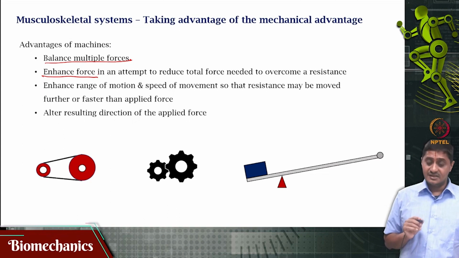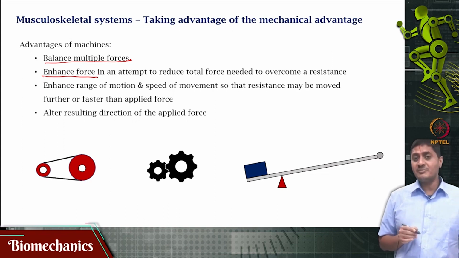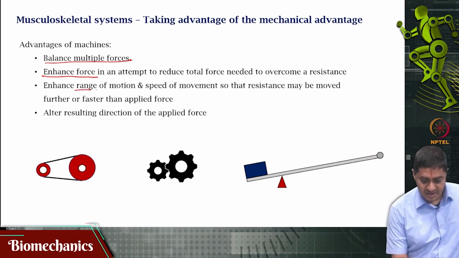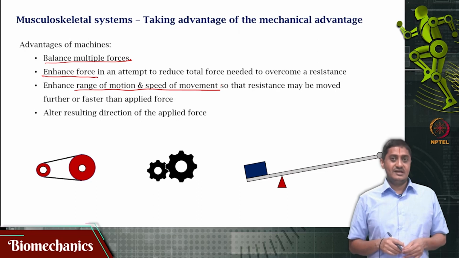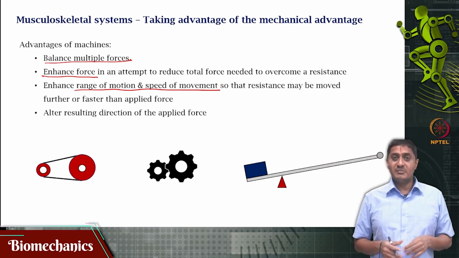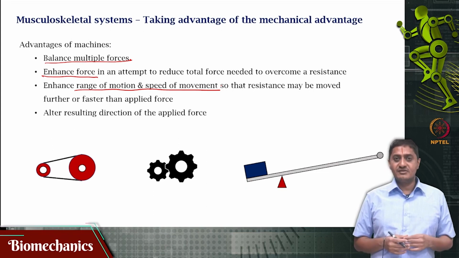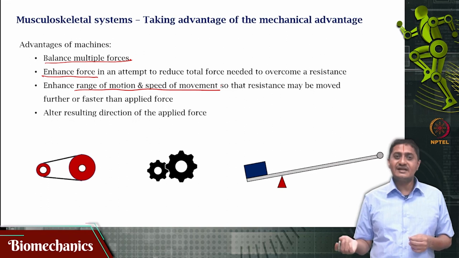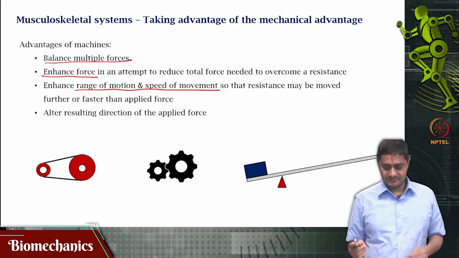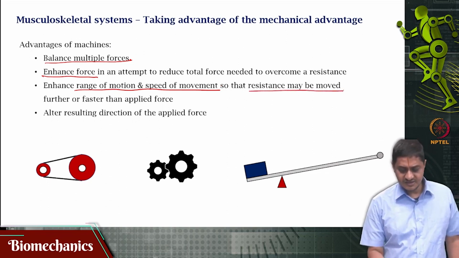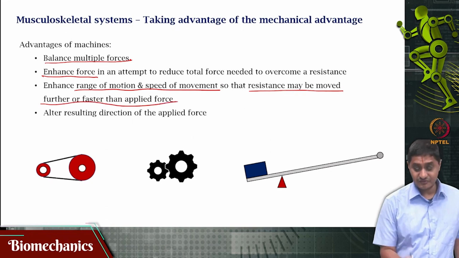Or in some cases the need might not be an amplification of force, but rather an enhancement in the range of motion and the velocity of movement. In these cases, the force that the system will be producing will be much greater than the resistance, but this trade-off is practiced so that the system has a greater range of motion and a greater velocity, right. So, this helps that the resistance may be moved further or faster than the applied force. This is very critical.